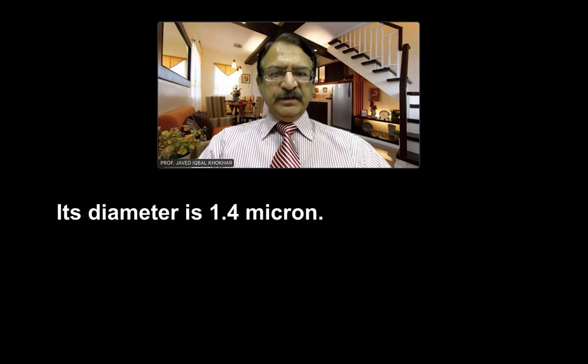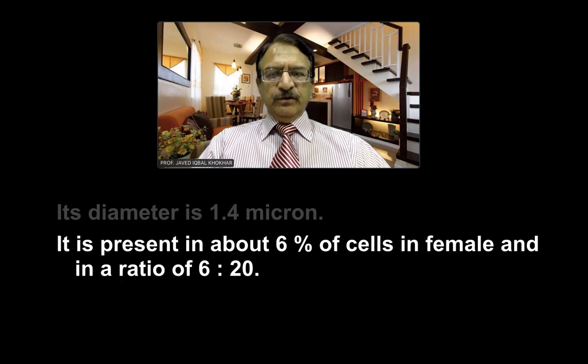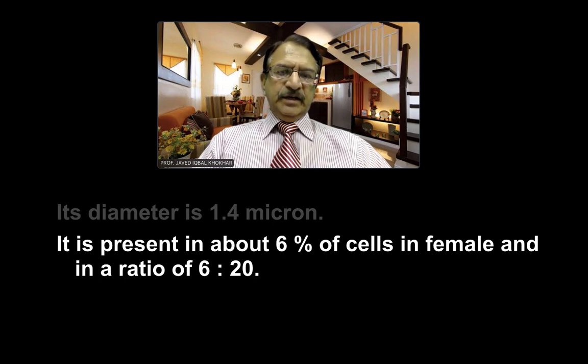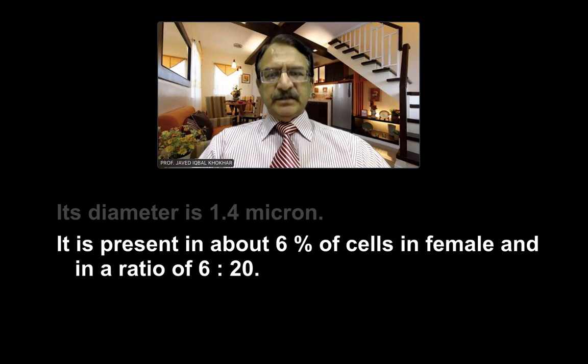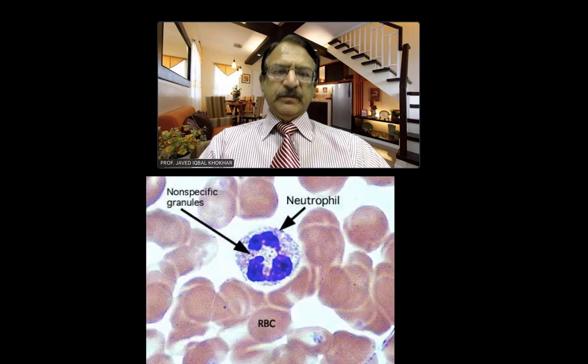Its diameter is 1.4 micron. It is present in about 6% of cells in females, and the ratio is 6 in 20, that out of 20, 6 will have these bodies. So this is a drumstick-like projection on the neutrophils that you can see under the microscope.